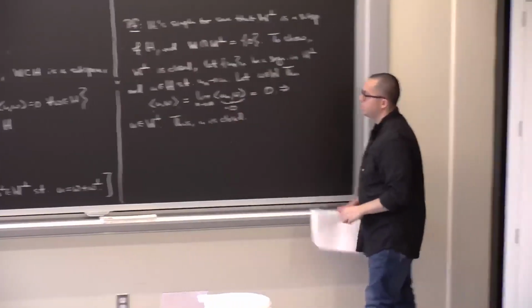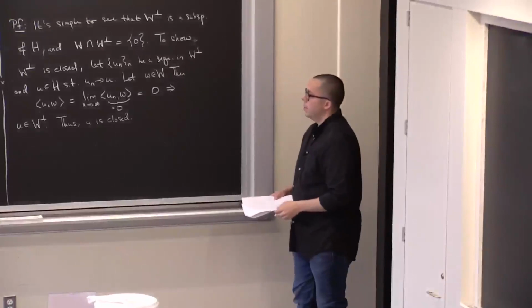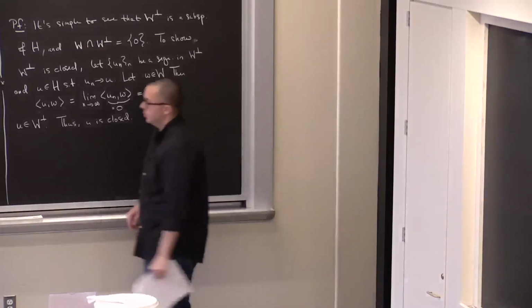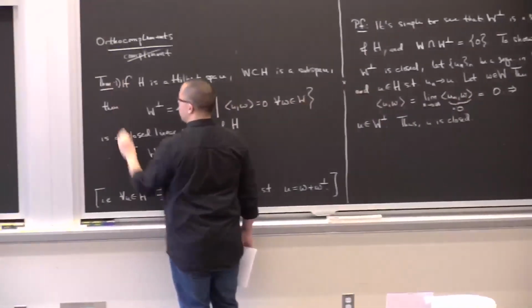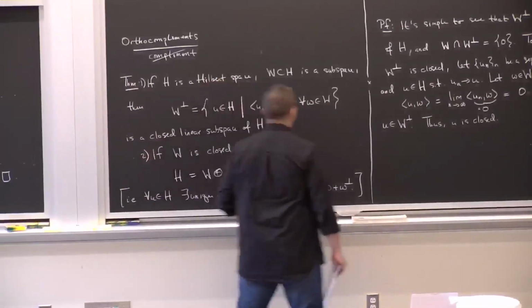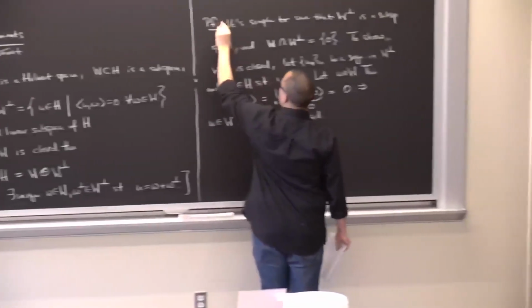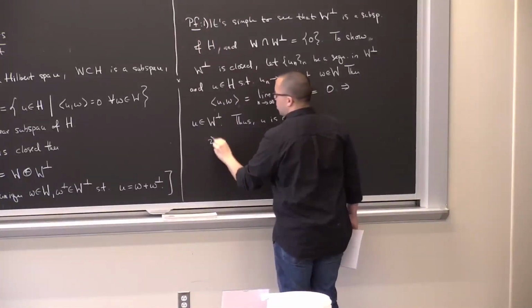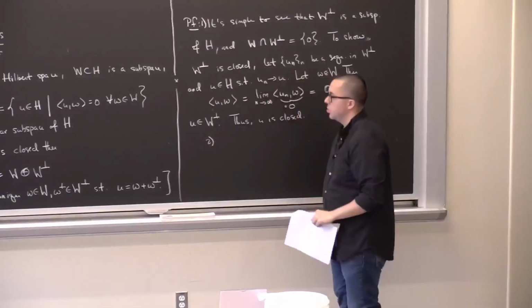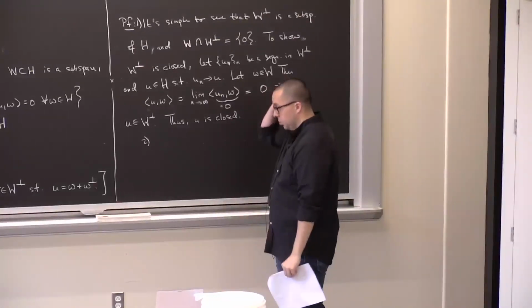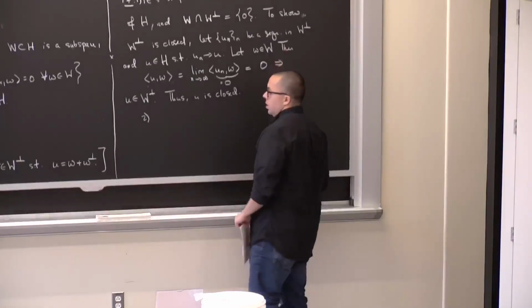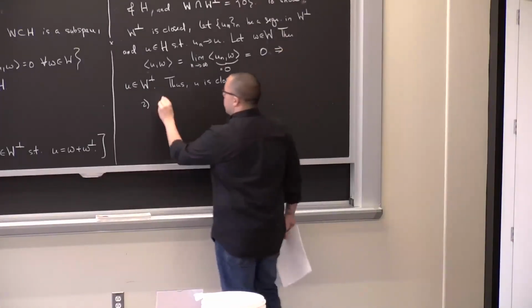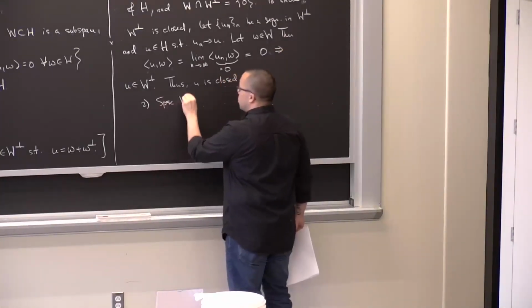Okay. Now let's do the second part. Maybe I should have numbered these 1, 2. So that was the proof of 1. Now we're on to the proof of statement 2: if W is closed, then H is equal to the direct sum of W and W perp. So suppose W is closed.